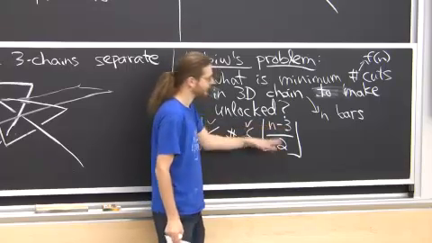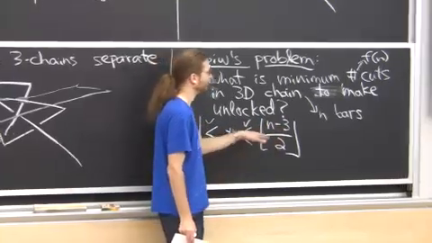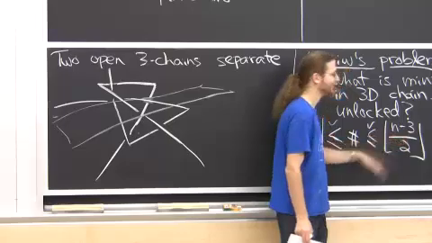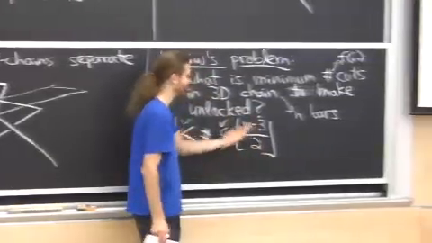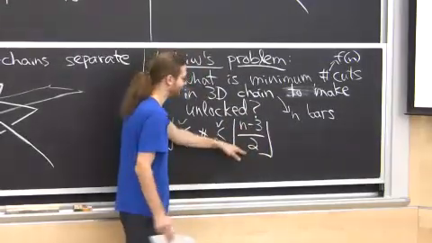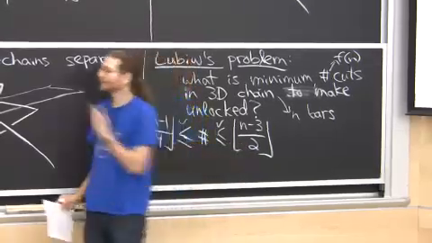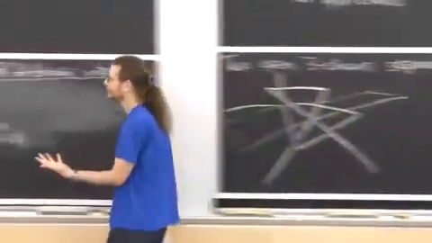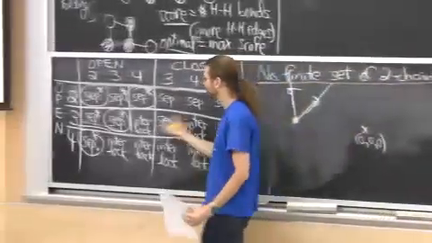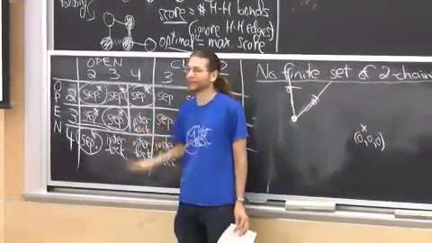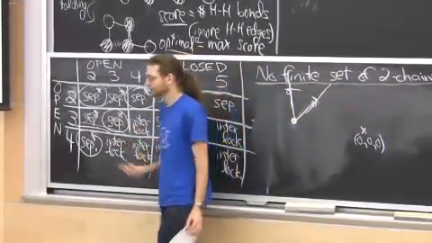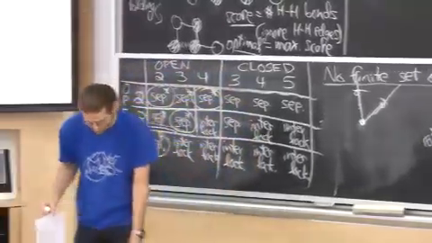So you get n minus 3 over 2. I think our first bound on this problem was n minus 1 over 2, and then we improved by 1 all the way up to n minus 3 over 2. That has stood as the best bound since. Basically because with interlocked stuff, after that you get interlocked, and if you're going to avoid interlocking, you have to be clever. You can't just use the numbers. So that is all we know about Libou's problem.